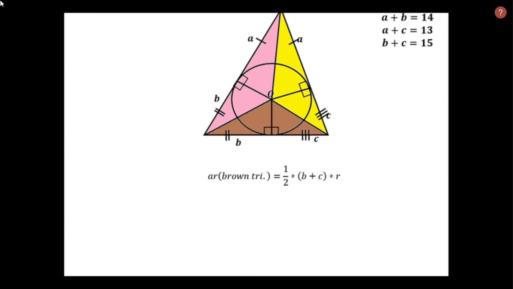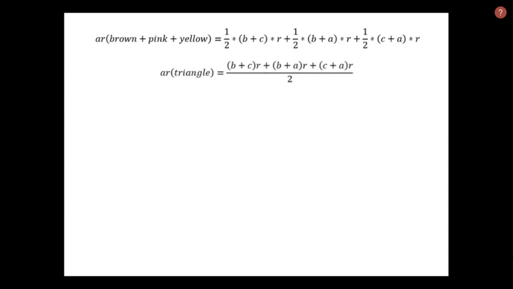Similarly, the area of the pink triangle is equal to 1 over 2 times B plus C times r, and the area of the yellow triangle is equal to 1 over 2 times C plus A times r. Now we can add all these areas, and we know that the sum of all these is equal to the area of the triangle.